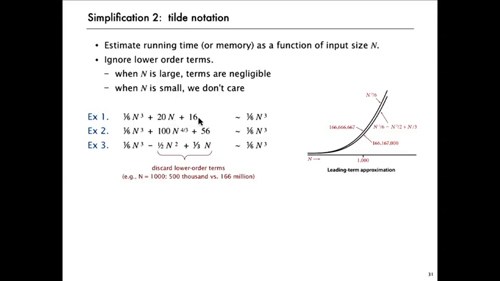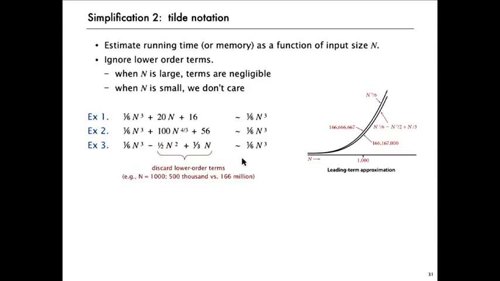So much so that we would hardly notice these low-order terms. So all of these formulas are tilde 1/6 n cubed. And that's a fine approximation to these quantities. It greatly simplifies the calculations to throw away the low-order terms like this.